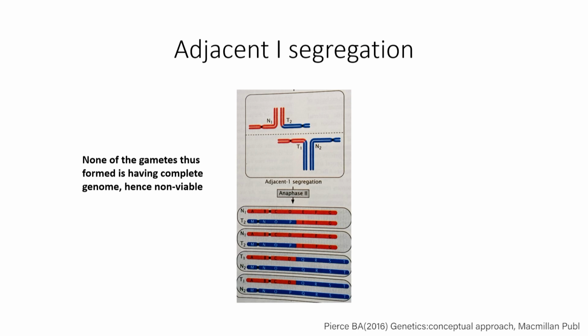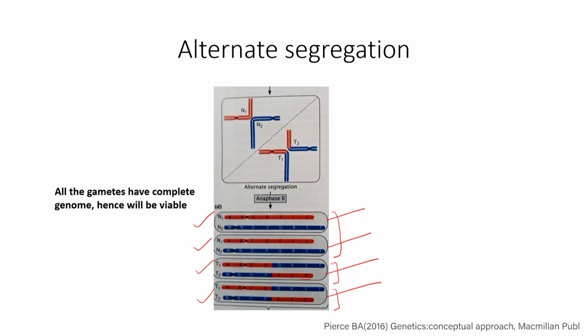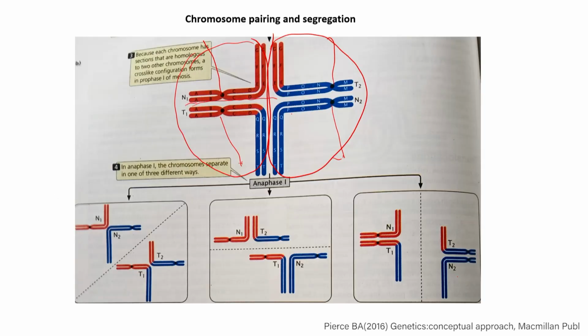I'll go back and show you once again. So these two are not having the complete genome. Same is the case here: if this and this are together, they are not having the complete genome. I am going back and again showing you that these two have the complete genome.